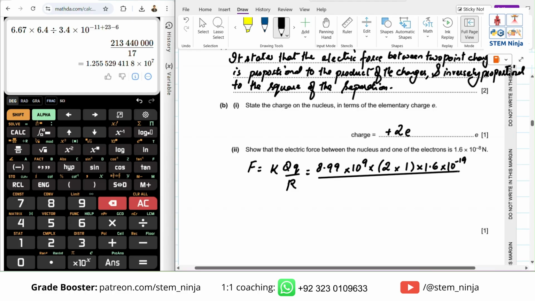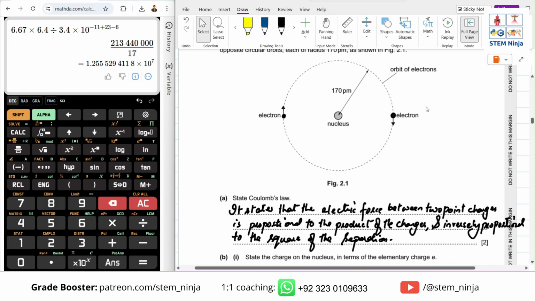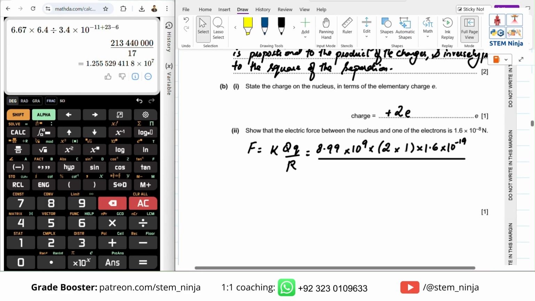Then we have the radius given in picometers, 170 pico. Pico is 10 raised to power minus 12. So 170 times 10 raised to power minus 12, whole squared.